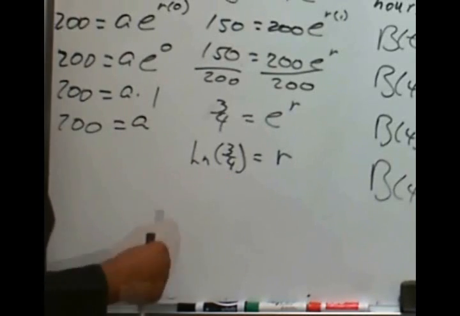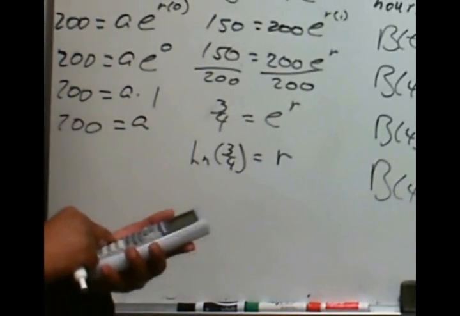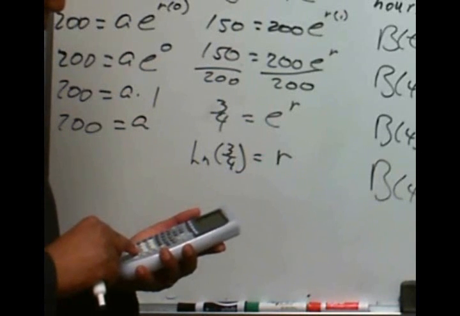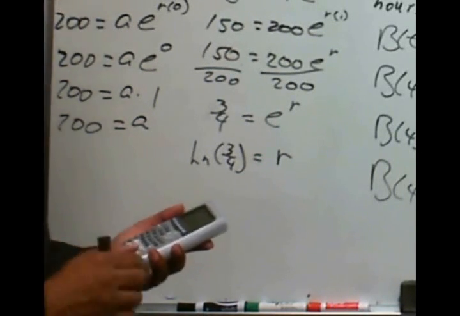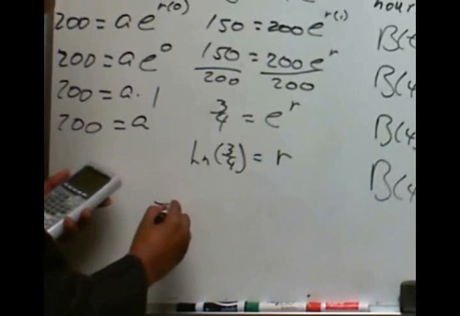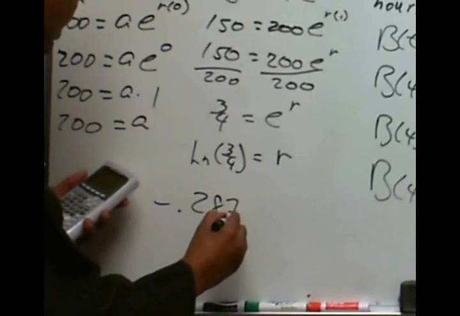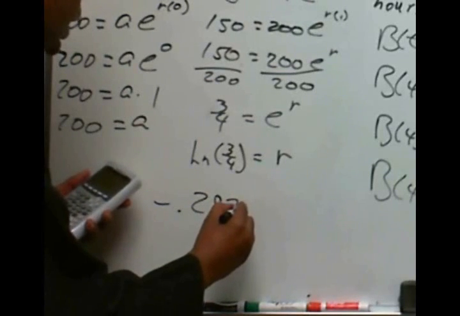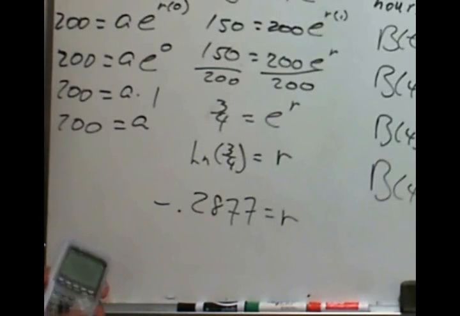That's going to be a decimal. I may just leave it as a, well, let's find out what it is. ln of 3 divided by 4, and yeah, a lot of decimals. So we have a negative 0.2877.